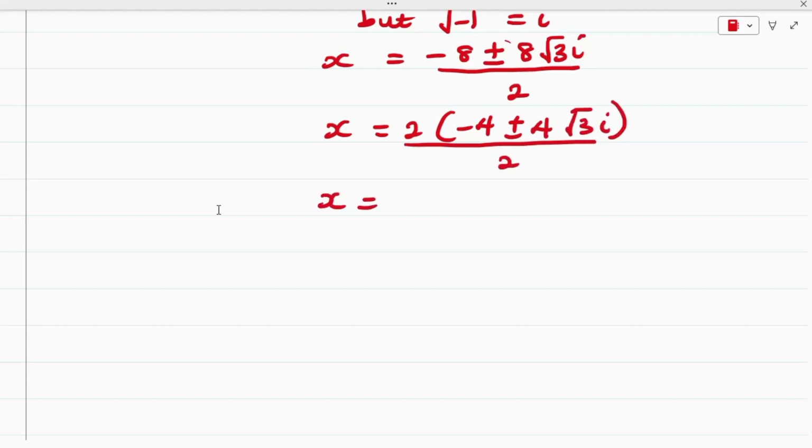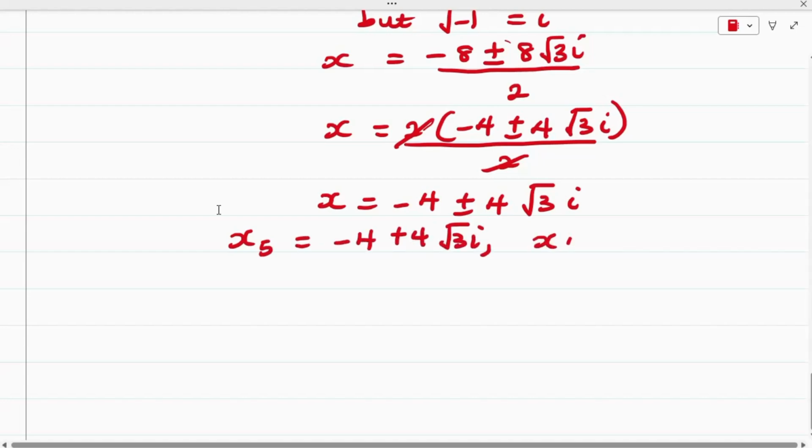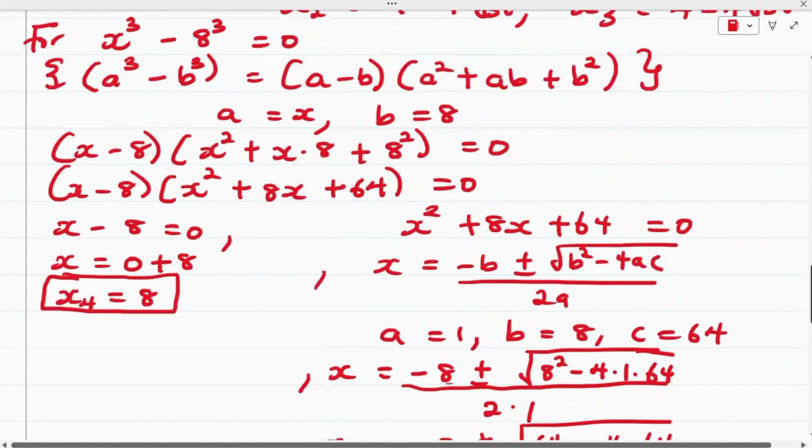So x is equal to this, we cancel out the 2, so we have minus 4 plus or minus 4 the square root of 3i. So we have x5 is equal to minus 4 plus 4 the root of 3i, and x6 is equal to minus 4 minus 4 the root of 3i. So we have been able to find all the values of x right here.